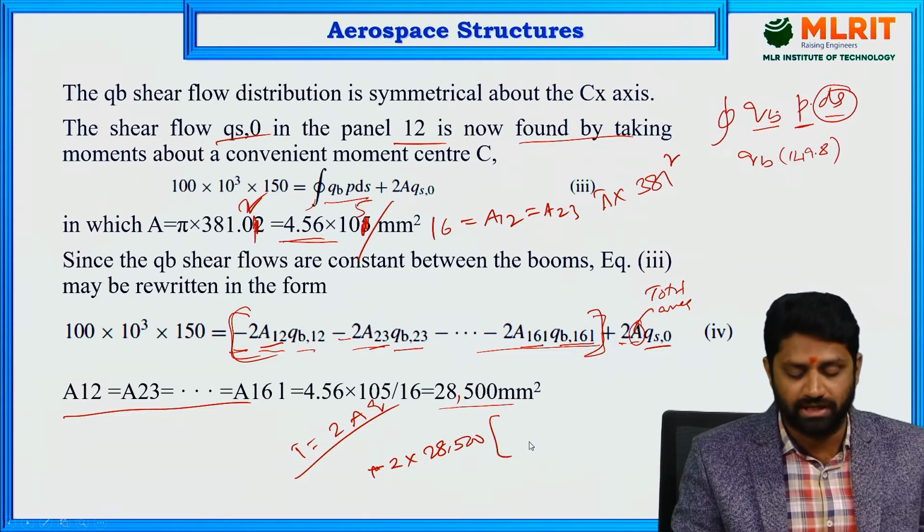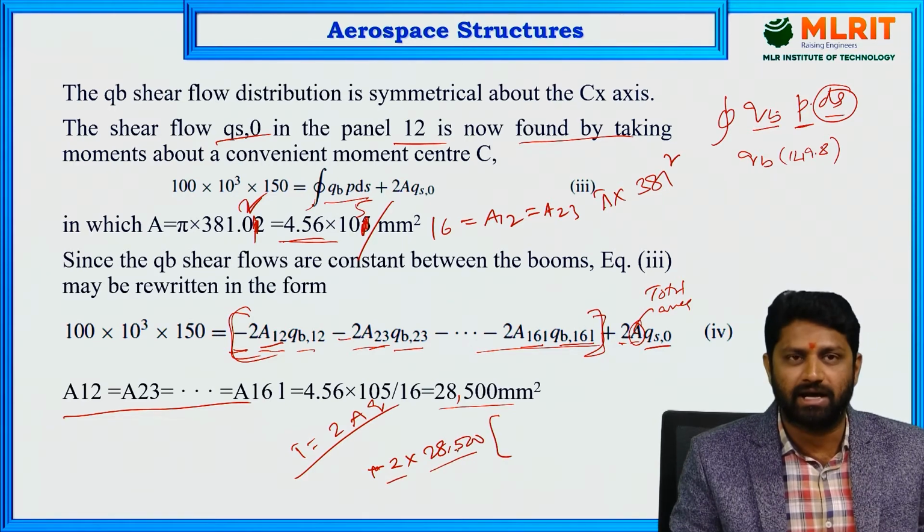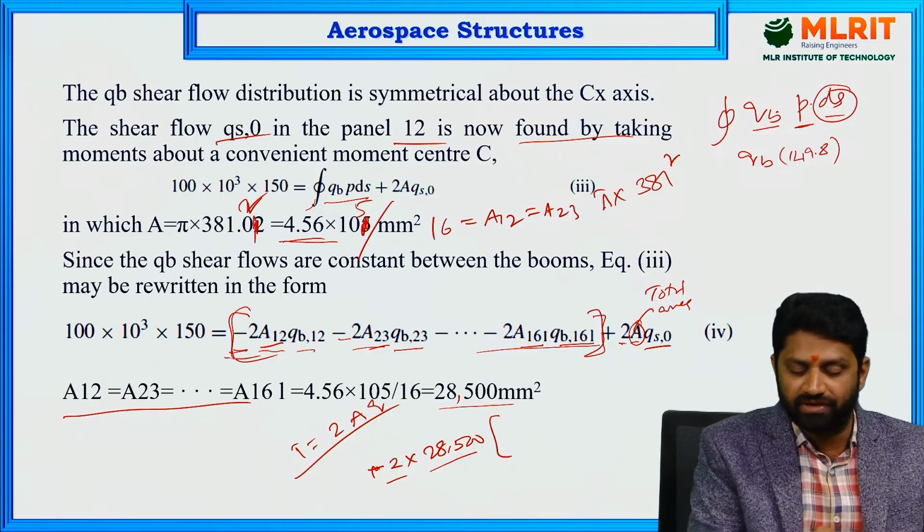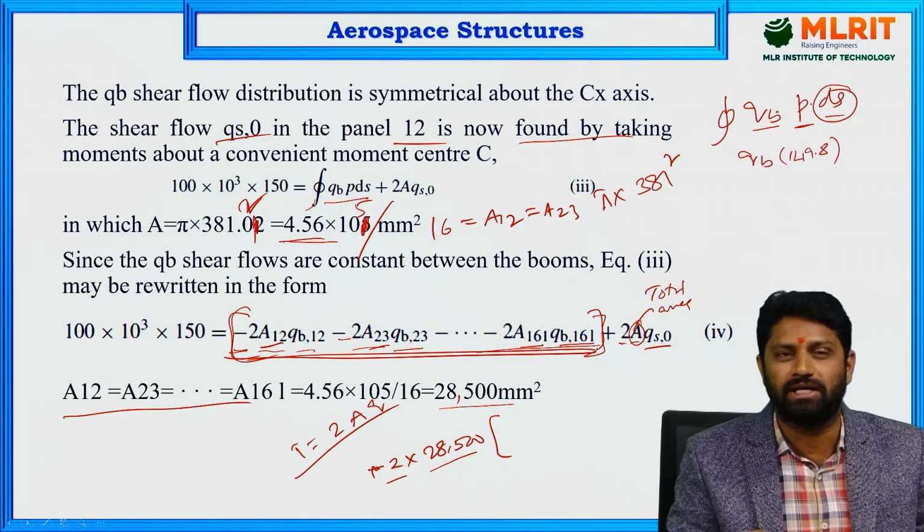So once you take 2 and area as common, you are left in this equation with only the shear flows.